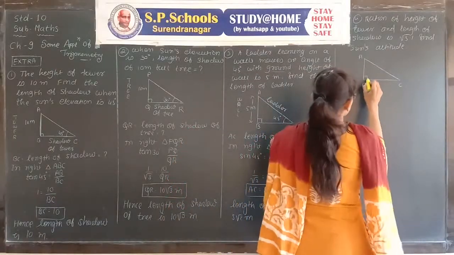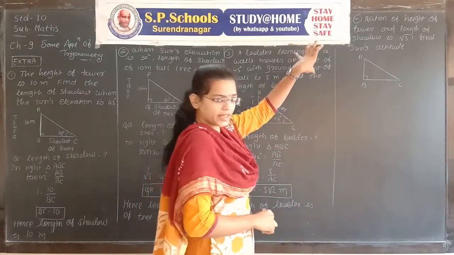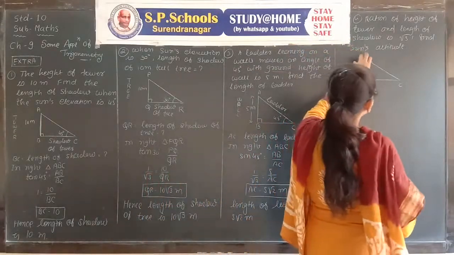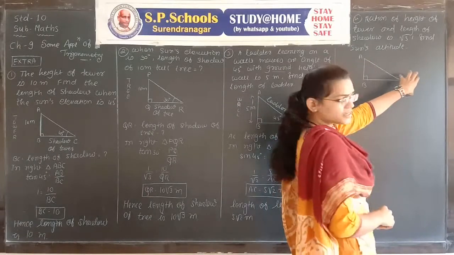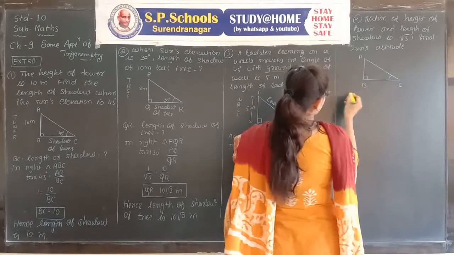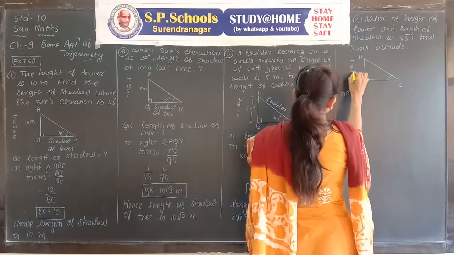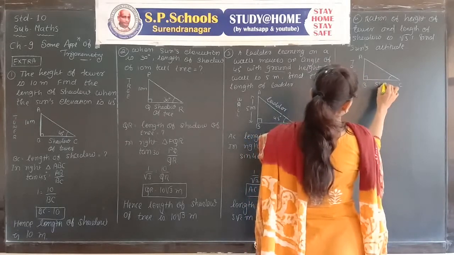B is 90 degree. At A, the position of the sun is there, so the angle of elevation of the sun made at C, the sun's altitude, is at C, and we need to find it. AB is the tower and BC is the shadow.